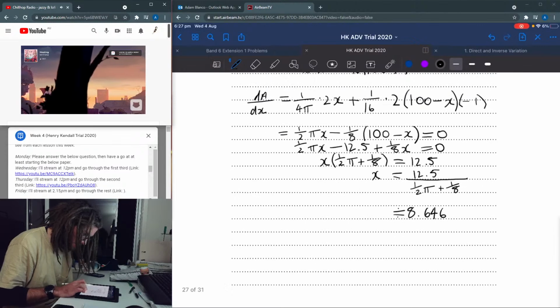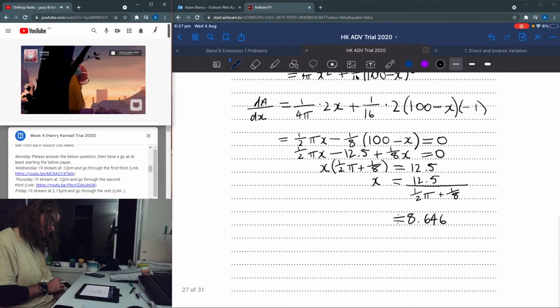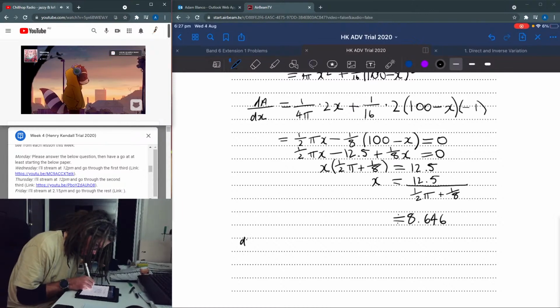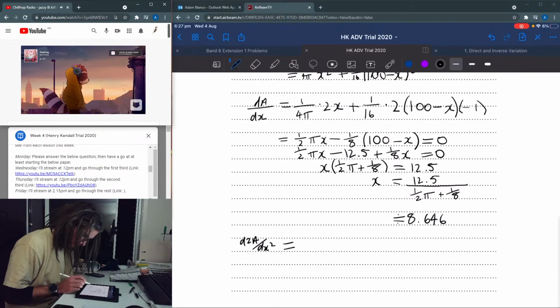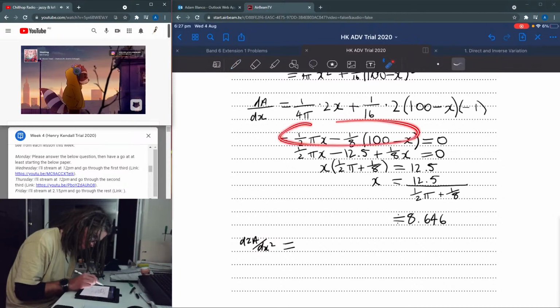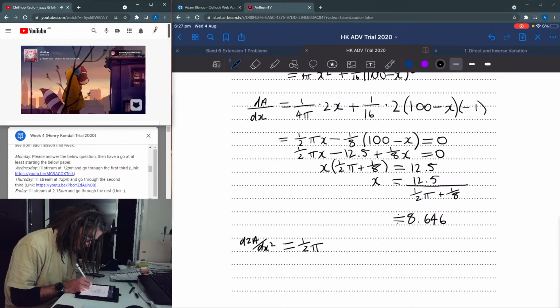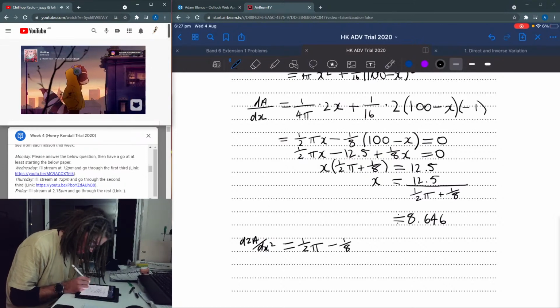Okay, I need to show that it's a minimum. Second derivative. d2a on dx squared. What's my first derivative? That thing. So 1/2 pi, the x goes, minus 1 on 8.